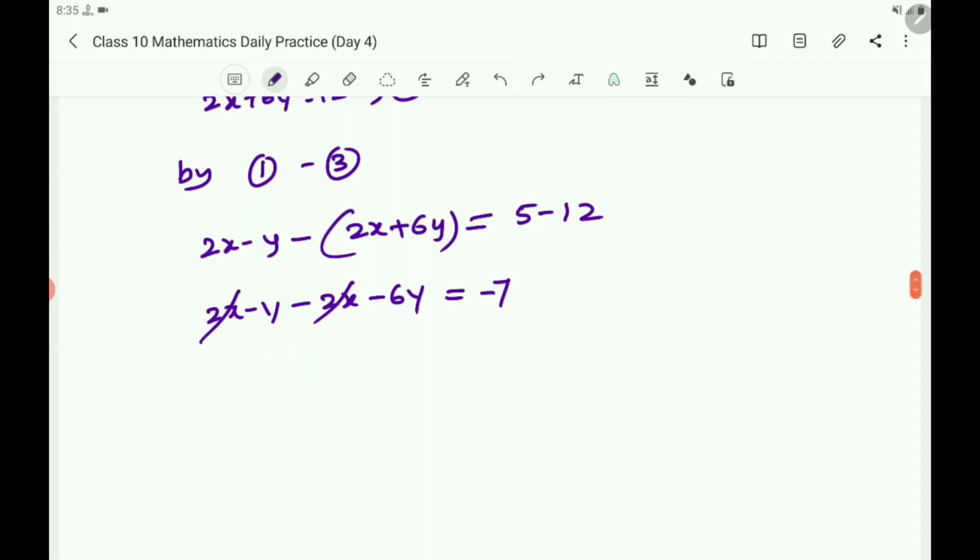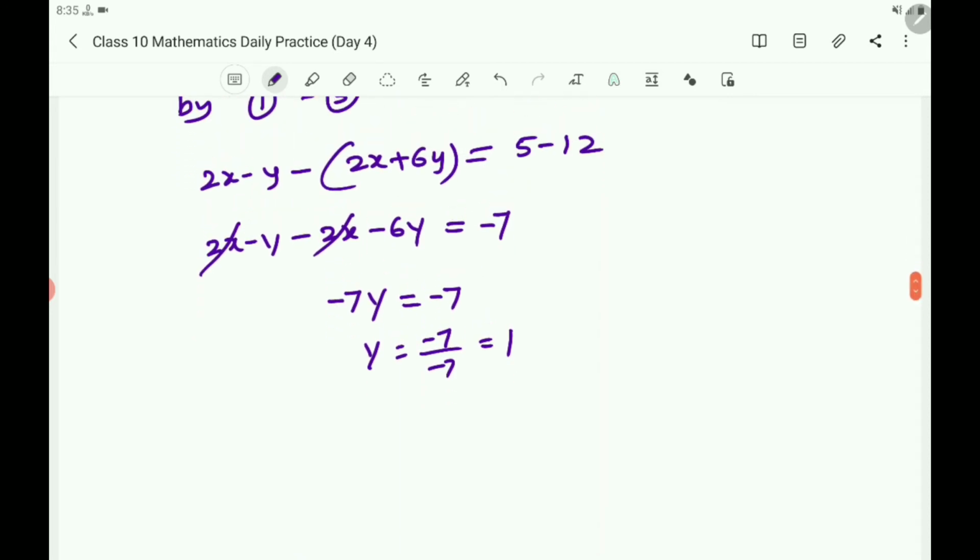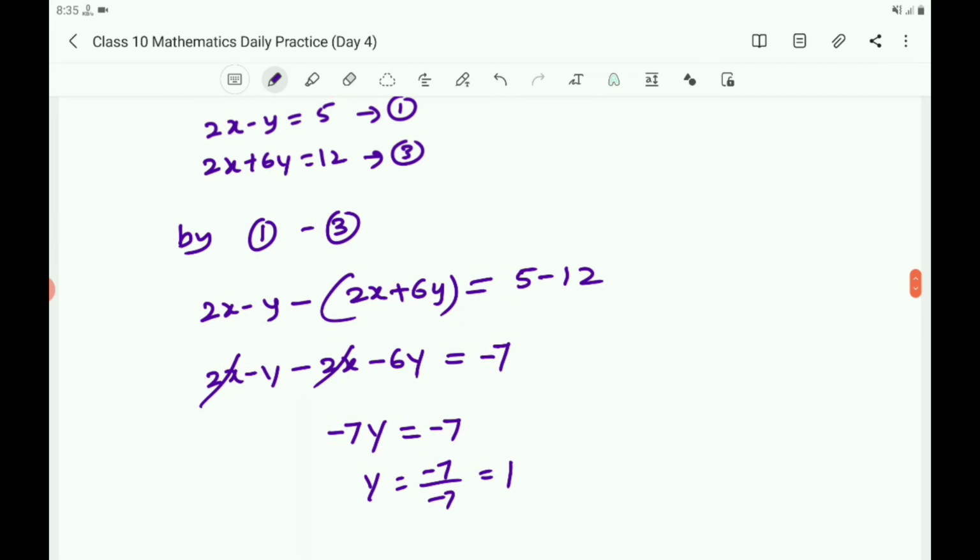So you can add them and put the negative sign. As they are having the same sign, add them, and the sum of minus and minus becomes minus only. Minus 7y equals minus 7. So y equals minus 7 by minus 7. You will get 1.